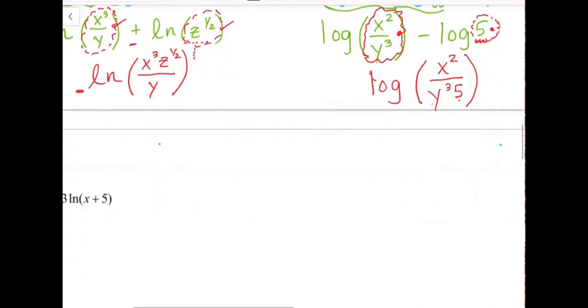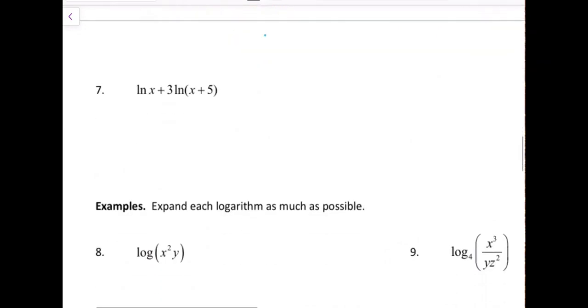Okay, let's take a look at one more, and then we'll switch it around and go in the other direction. So here I have the natural log of x plus 3 times the natural log of x plus 5. First things first, I want to take any coefficients out in front, move it in as an exponent on the argument.